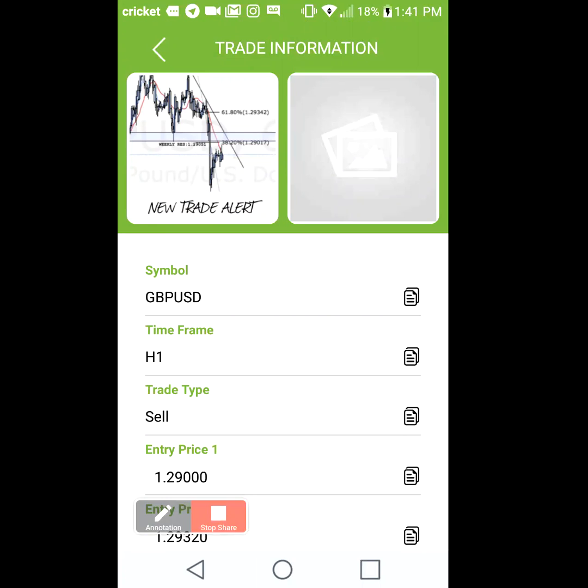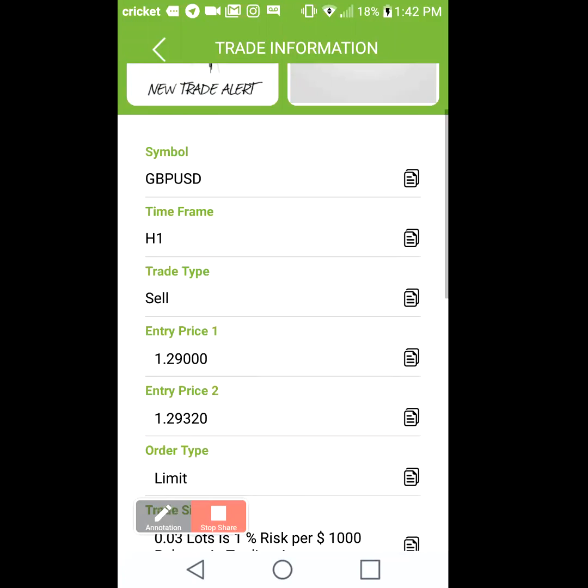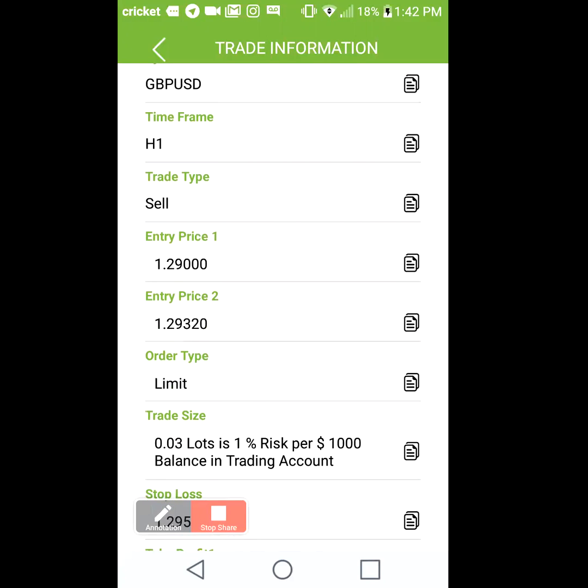So again, what's the information that we need to have, Nikki, in order to enter a trade? The currency pair, determine whether it's a buy or a sell, a limit, stop, or market execution, stop loss, take profit, entry price, and current price.